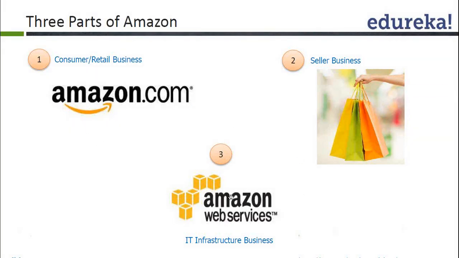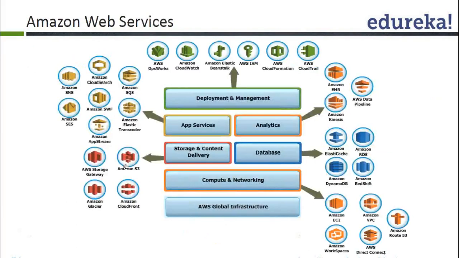Because this is the in thing. Going forward, this would be leading day by day. And it is the offering for each and everything. You want to deploy and manage virtualization, you get it. You want to run analytics, Amazon would have something on that. You want to go for application management, it will do something there. You want to go for storage and content deployment, you would have something.